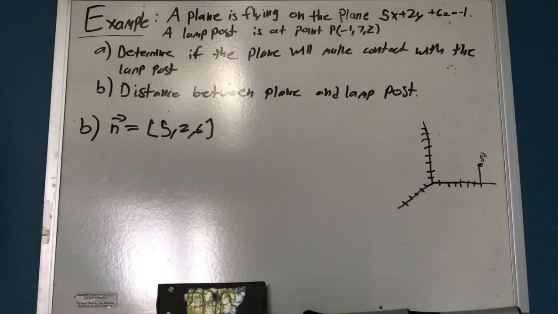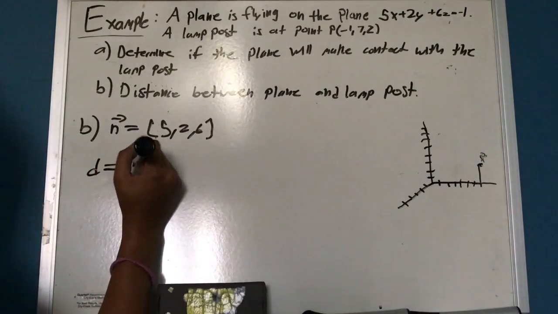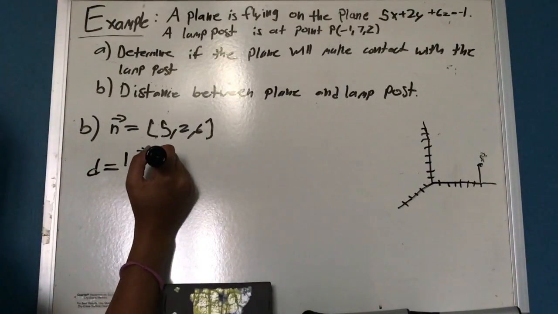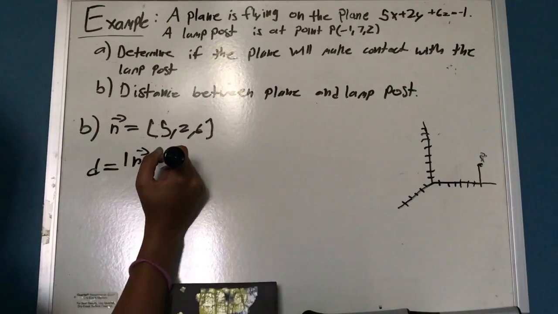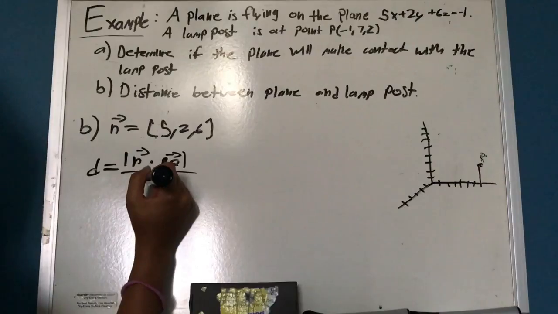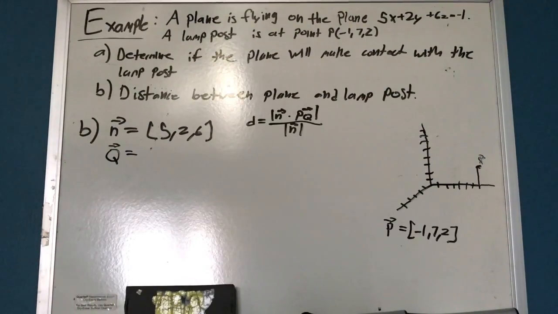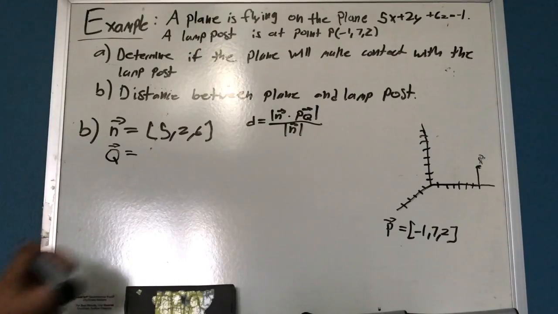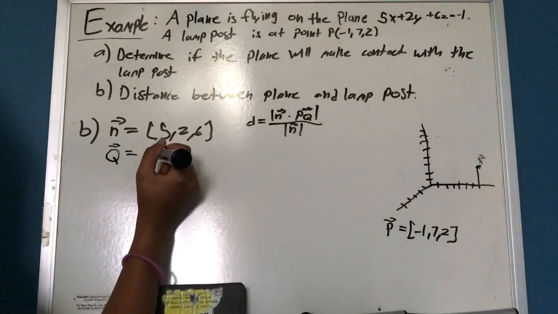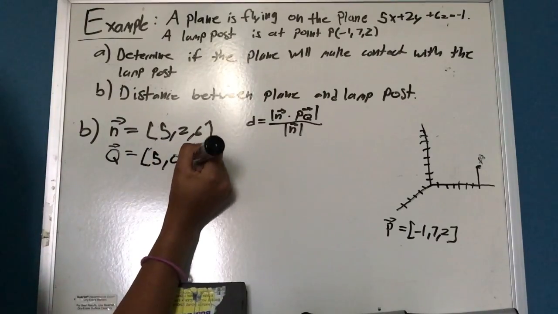And we need to find our point Q. Remembering from the equation, the distance is the normal vector n times PQ over the magnitude of the normal vector. For point Q, we can choose any point on the plane by selecting arbitrary values for x, y, and z. So I'm going to choose 5 for x, 0 for y, and 0 for z.